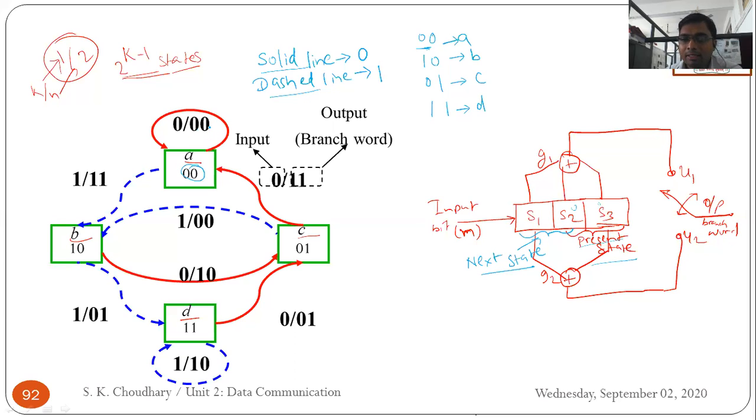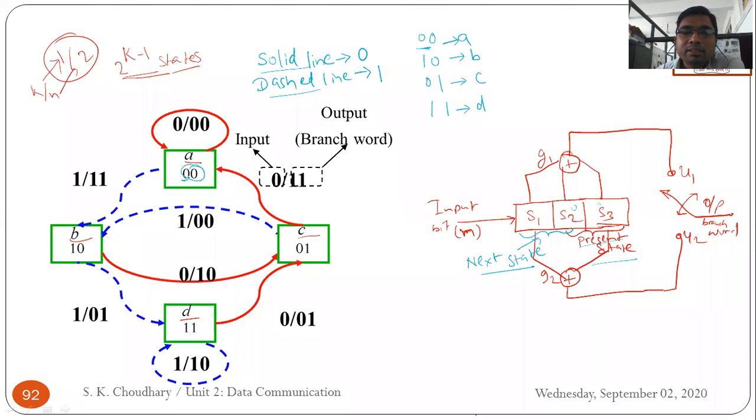In my diagram there are different colors also: red is for 0 and the dashed line indicated by blue is for 1. But in the examination, when you draw this diagram, you may not have different colors or paints, so you have to use this indication. Solid line is for 0 and dashed line is for 1. This is followed by all the reference books given for your subject, so you have to follow this common guideline.